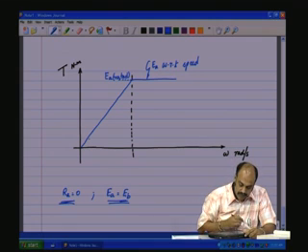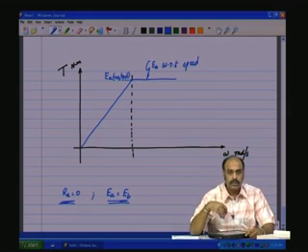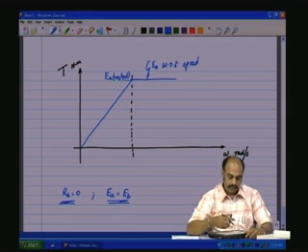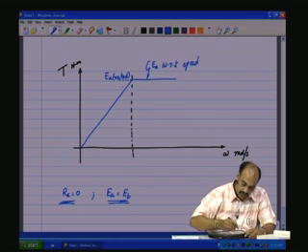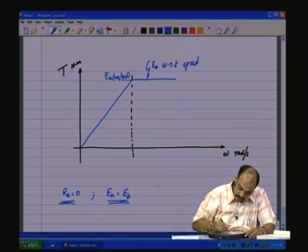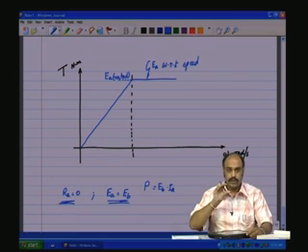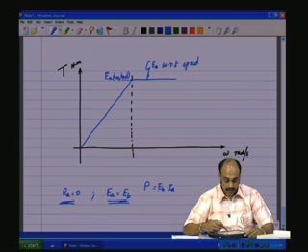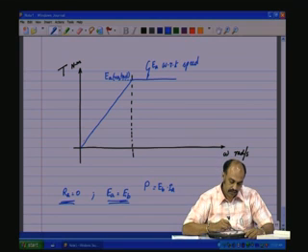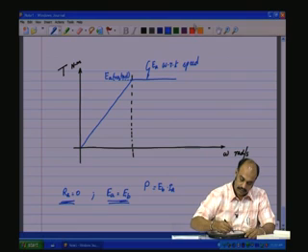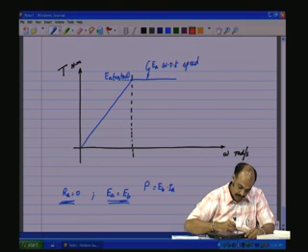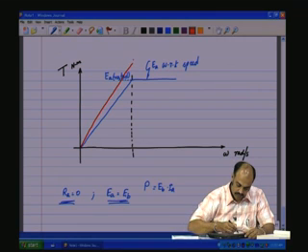Now, what is happening to the power? The power that is delivered to the armature is EB into IA, or EA into IA, because RA is equal to 0. So, the power curve is EB into IA, which is the power which is put into the armature. Now, as EB is 0, the power here is going to 0, and that is going to increase. So, let us say the power curve increases in some fashion up to this point.